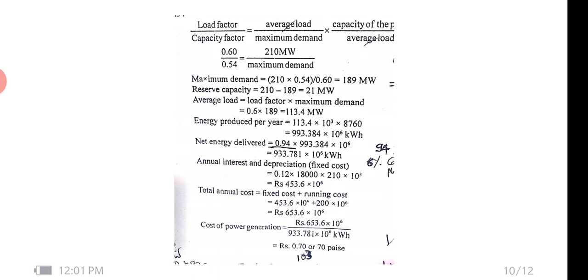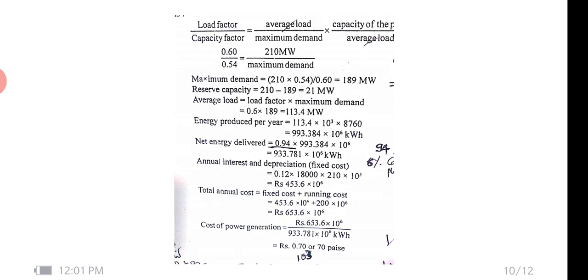Here, on the right hand side of the equation, the average load will get cancelled, and what remains is: load factor is 0.6, capacity factor is 0.54, the capacity of the plant is 210 megawatt, and the maximum demand we don't know, we are going to calculate.